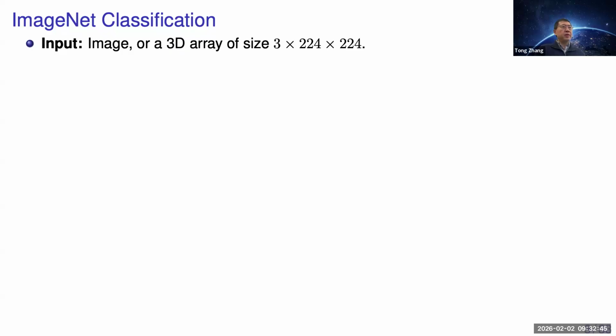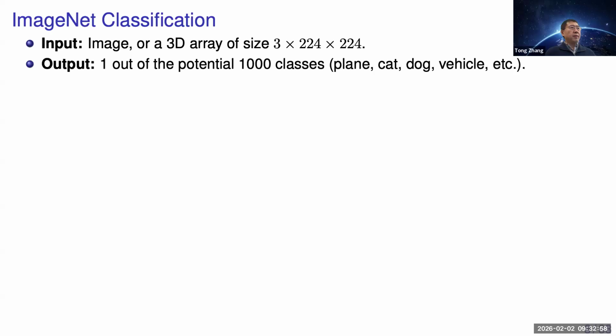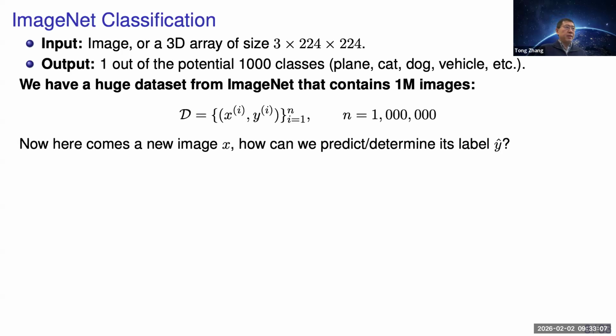We will use the PyTorch notation: the first is the channel, the RGB, the second is the height, and the third is the width. And then here you have 1,000 classes.